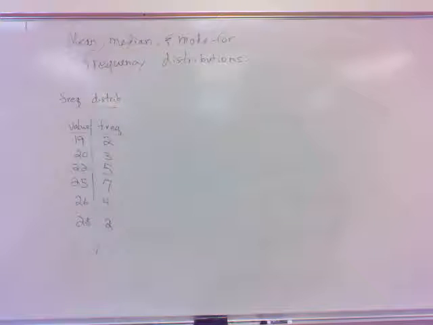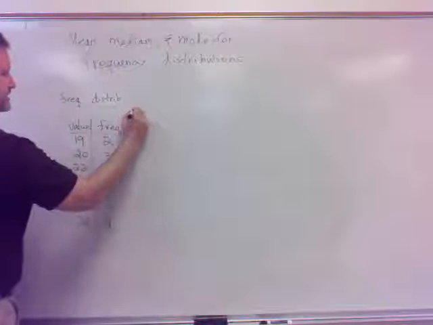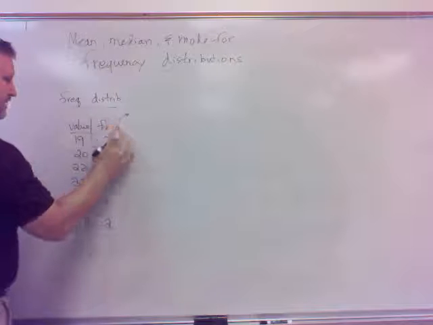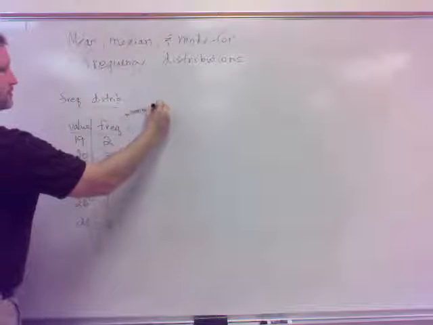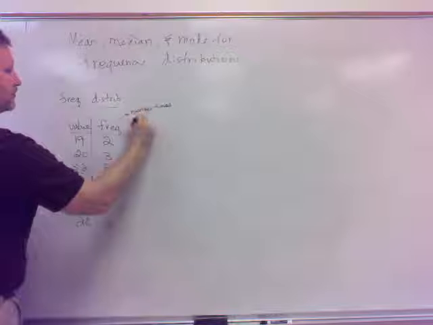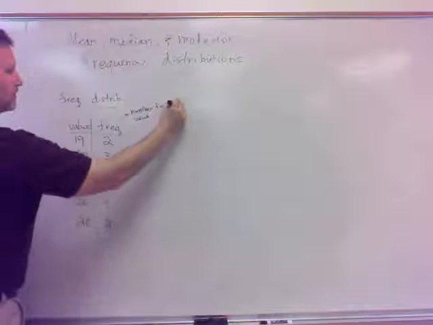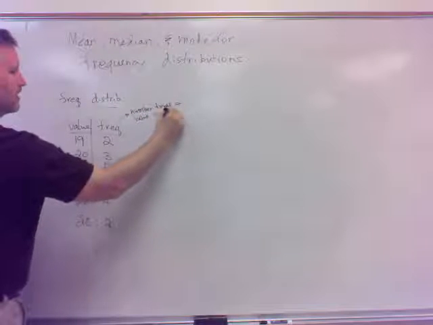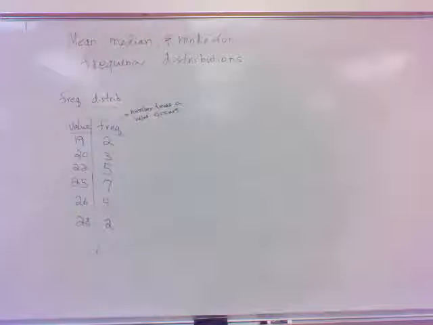What does all that mean? That's a frequency distribution. Like we said, frequency is just the number of times a value occurs. This is just a nice way of writing.